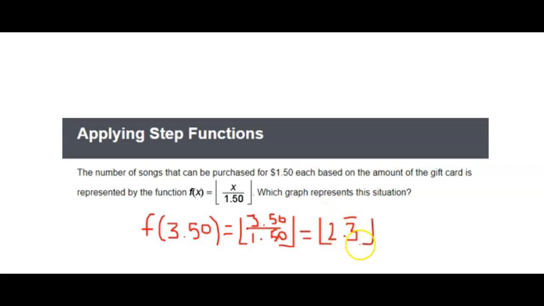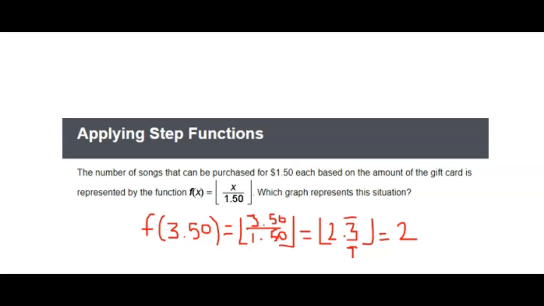And if I think about that, this does not matter, right? It doesn't matter because I can only get two songs. So if you think about this idea in a real world scenario, you're restricted to the amount that's on your gift card. You can't go over that amount. So I would only be able to get the two songs.